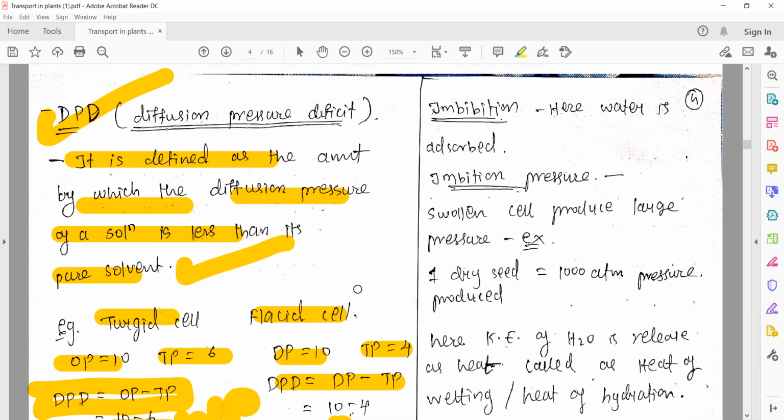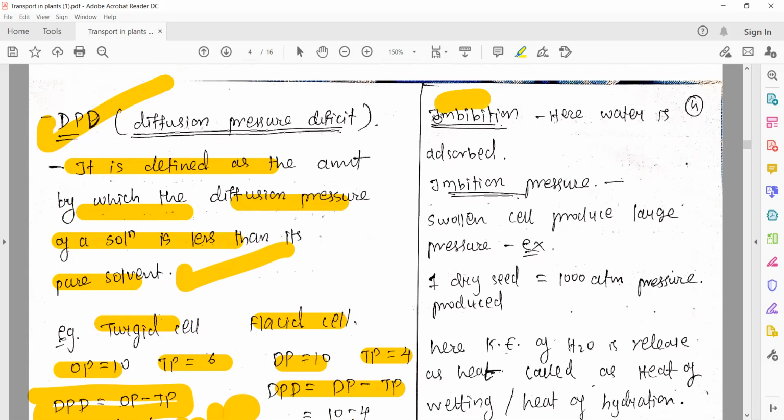Now we are entering into a very interesting topic which you are already familiar with, imbibition. So let's see. For imbibition to take place, an absorbent substance is always required. Take the example of dry seed. Dry seed is a very good example. Whenever you need to cook dry seeds, you keep them the night before in water, in a vessel, for soaking.